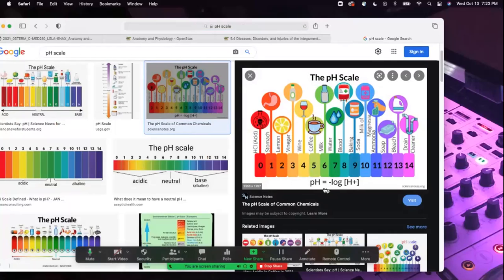Now, what does pH really mean? It means the negative log of the concentration of the hydrogen ion. Sometimes we move our pH a little bit closer to the acidic side so that we can get rid of certain things that we don't like in our body. And if I move it the other way, the pH would then be basic, also known as alkaline.